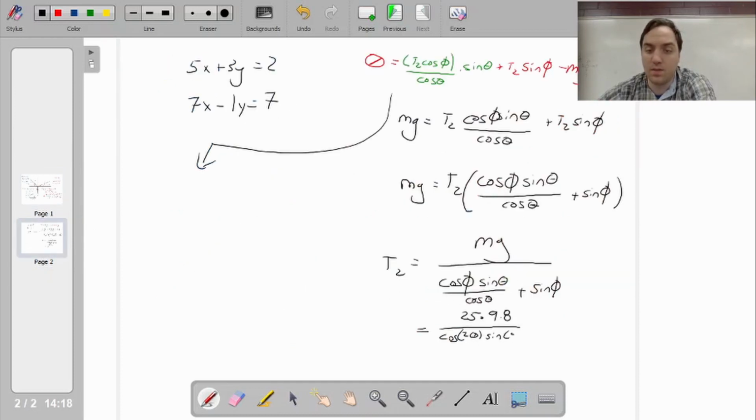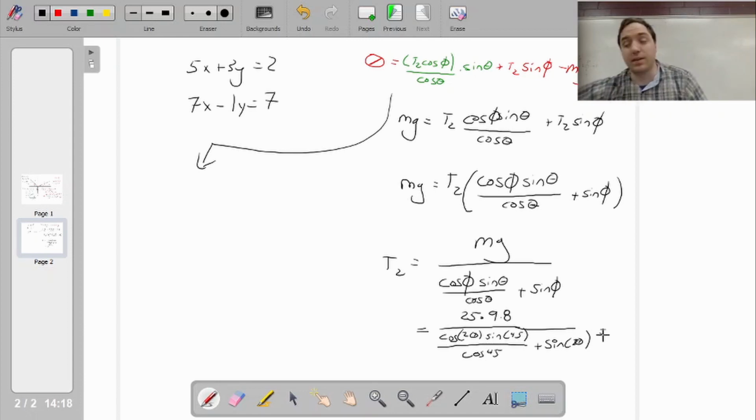Sine of 45 over cosine 45 plus sine 20, which, put that all together, type it in your calculator. And this will tell me that T2 is 191.15 newtons. I'm going to pause here, put in the work on the other side, and we'll come back.